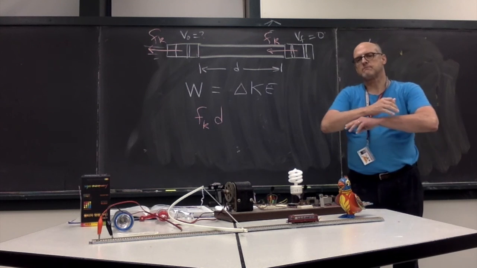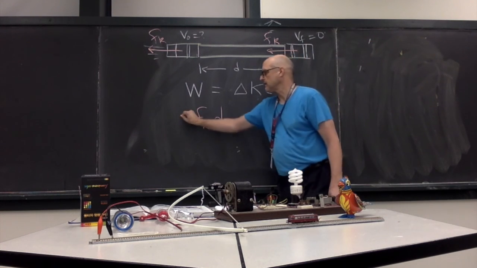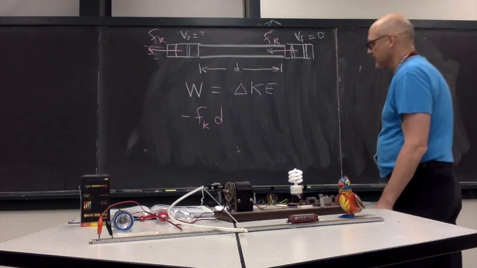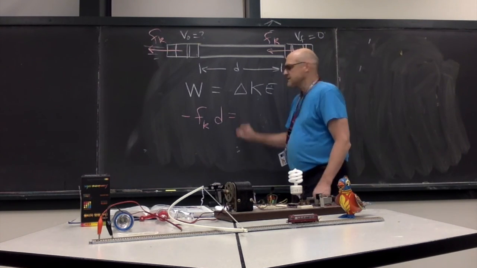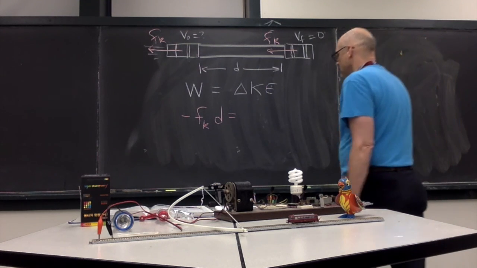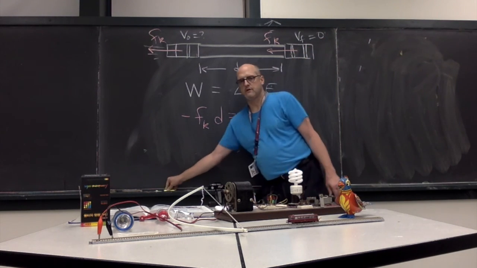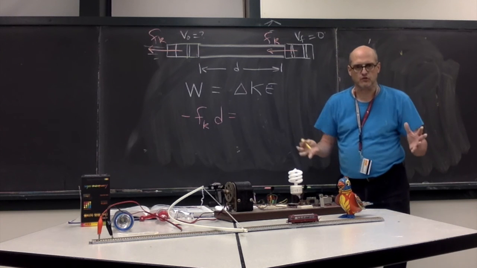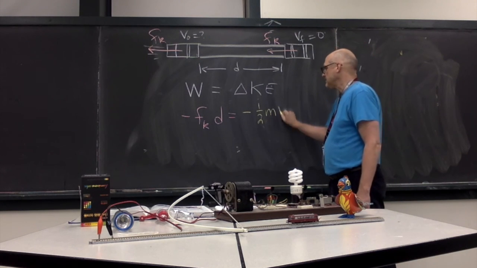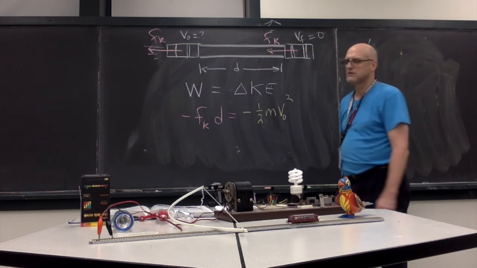And since they're oppositely directed, I'm going to throw a negative sign in front of the Fk. That's equal to the change in kinetic energy. So we have 1/2 m v_f squared, well that's 0, minus 1/2 m v_o squared.